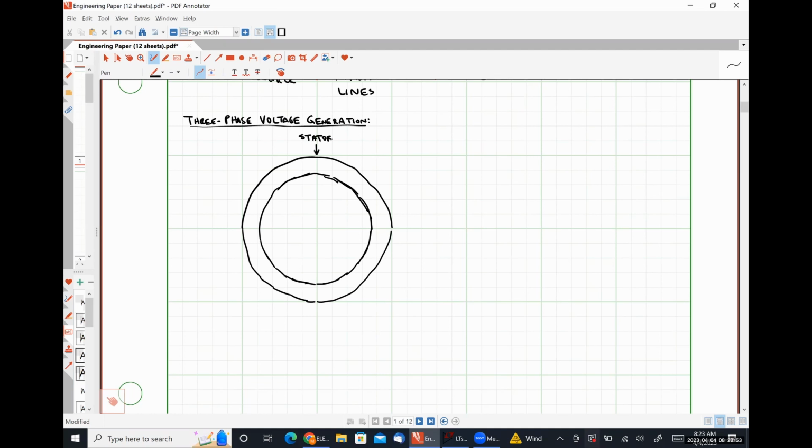It's the stator because it is stationary. It does not move. On my stator, I am going to have windings, and I'm going to represent these windings with these little boxes. And these windings literally represent coils of wire.